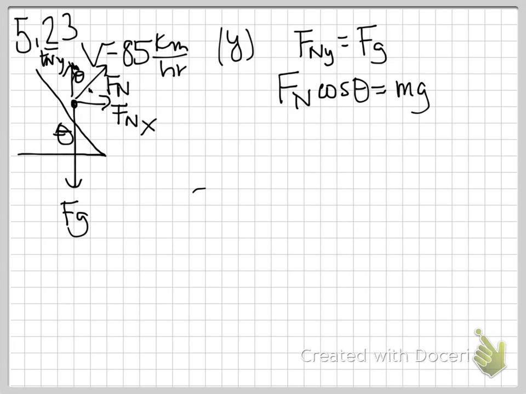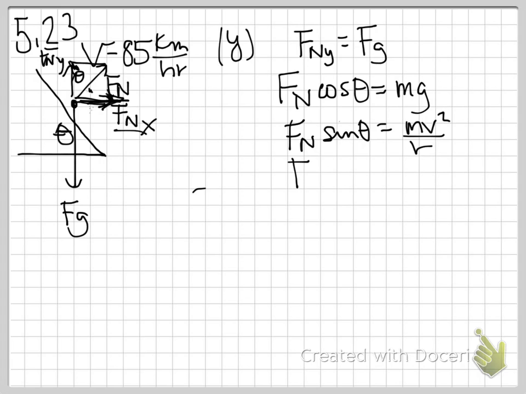Fn in the x, which we know has to be Fn sine of theta, because it's the opposite side up there, but it's drawn down here, is equal to your centripetal force. It's the net force pointing to the center right there, right? So that's equal to mv squared over r.